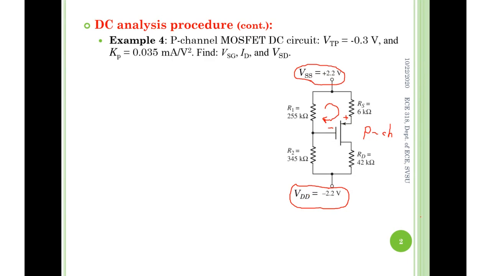That formula I can provide here: the saturation ID current formula is Kp, not Kn, times parentheses squared. Inside the parentheses we have VSG minus Vt, not N, but P. Any questions?